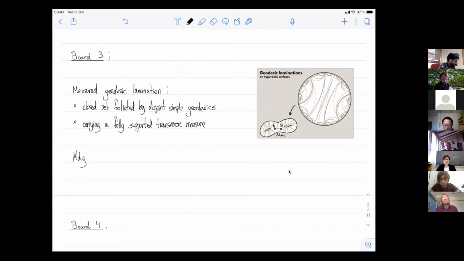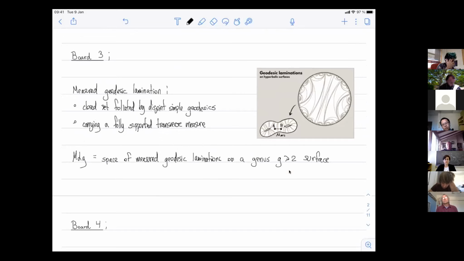For us, it's important that they fit into a space, which we call the space of measured geodesic laminations on a genus g surface, say g bigger than or equal to 2. And this space we should always think about as an interpolation between simple closed geodesics.